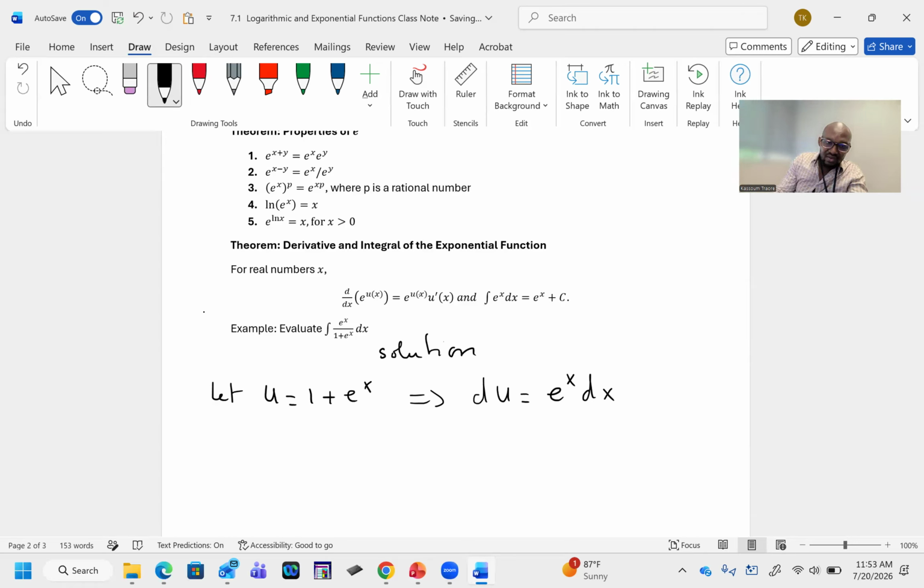So now you can see my integral of e to the power of x divided by 1 plus e to the power of x dx, which I can rewrite as the integral of 1 divided by 1 plus e to the power of x, times e to the power of x dx, right? Then we'll just substitute them.